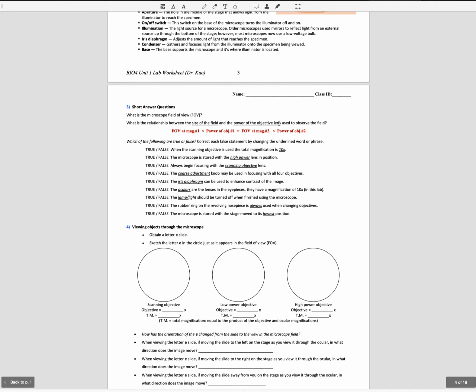And that should make sense, because if you imagine yourself zooming in onto something, you begin to see a smaller and smaller part of that object. However, you're now getting a more magnified, closer look at that specific region of the object.